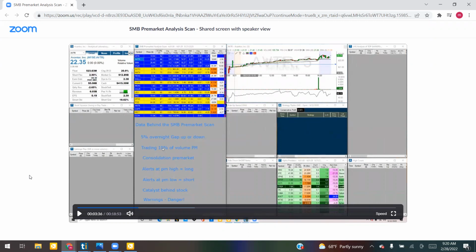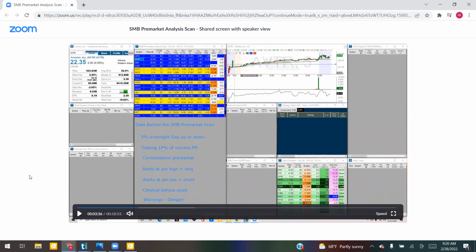Reason being, we're looking for stocks with other filters that we'll be going through that can do one of two things. One, they can continue up on a break of the pre-market high for a good long, or they can break down for a breakdown of the pre-market low for a possible good short.